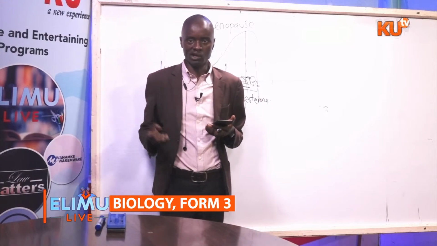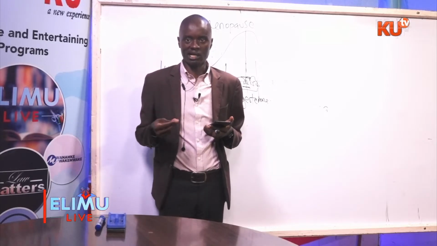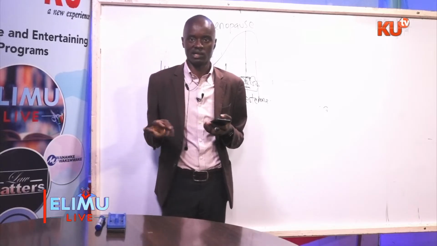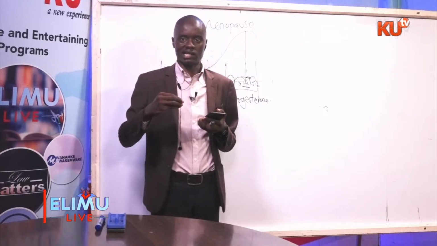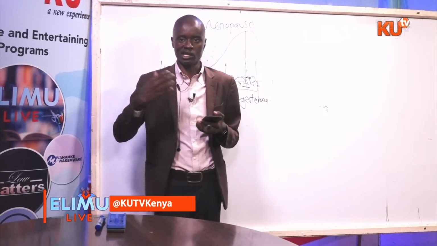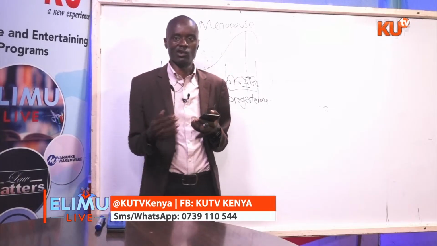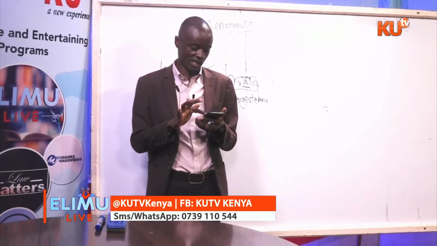So this is a period when a woman is not able to conceive. And when you are not able to conceive, then it means that the process of reproduction is affected. You cannot produce a new individual of the same kind. You cannot produce a new baby.